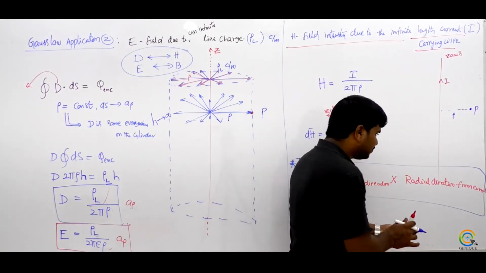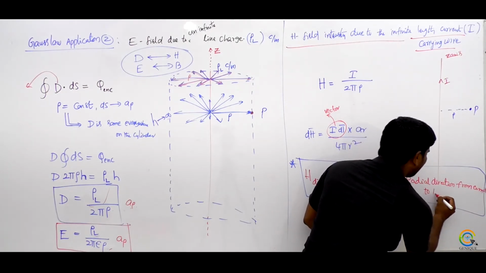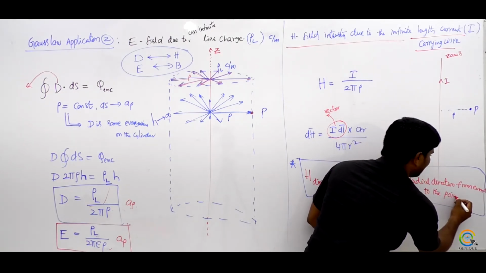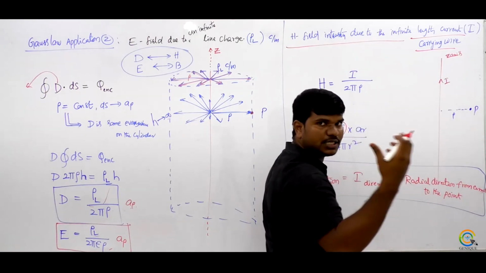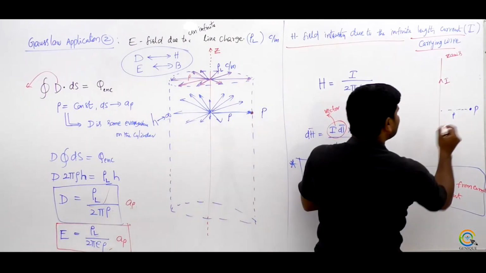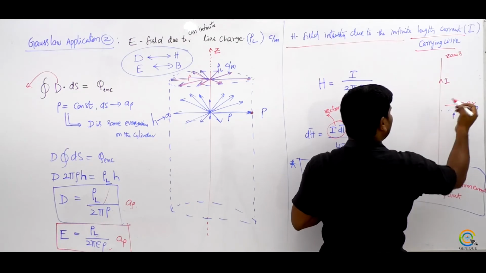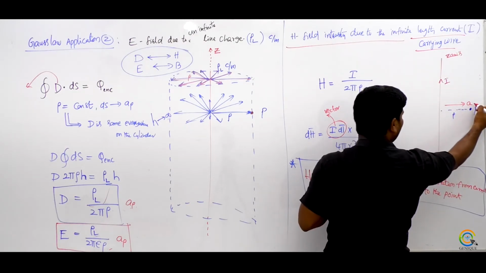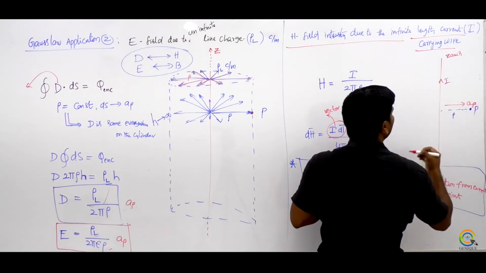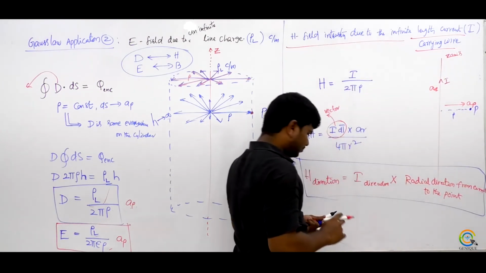The radial direction is from the current to the point. This is important. What is the point? The point of interest where we have to calculate the magnetic field. So this is the radial direction, a_rho, and the current direction is a_Z.